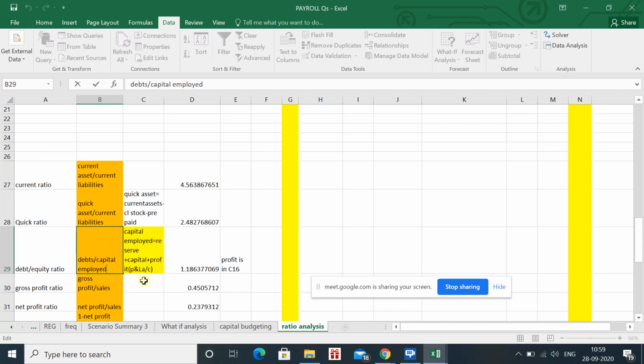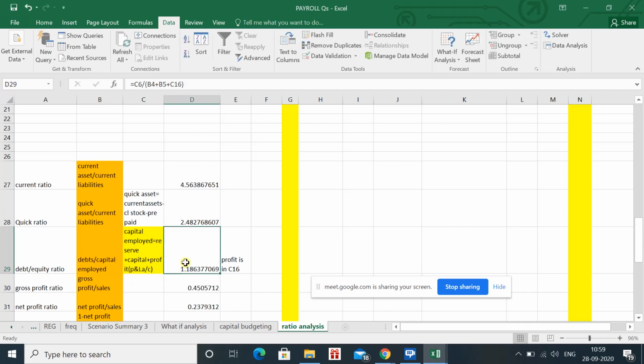So debt is the loans, secured and unsecured loans both. So you have to take the total of these two divided by capital employed, and capital employed is the reserve and surplus plus capital plus profit which we have transferred in the balance sheet, right?